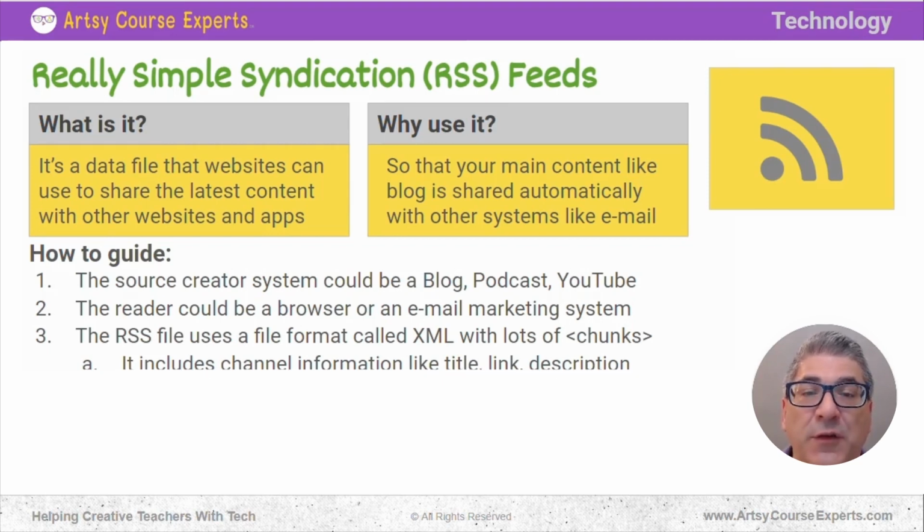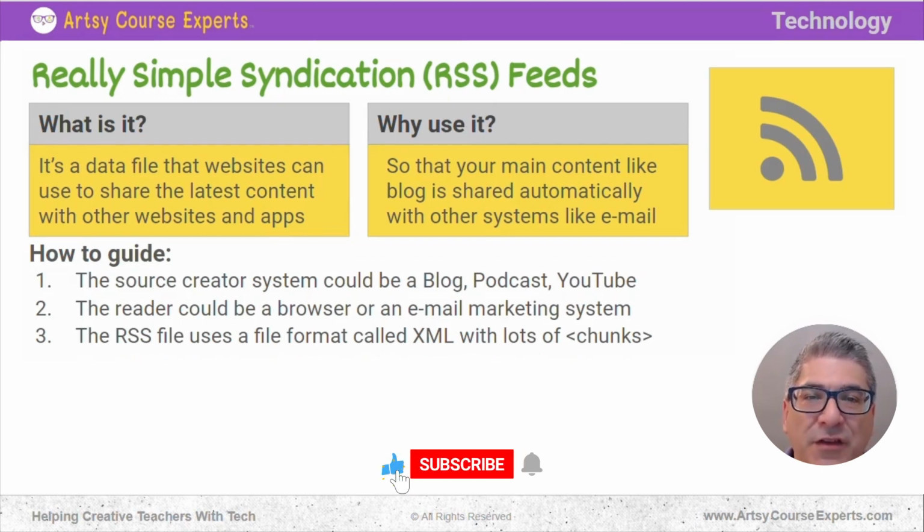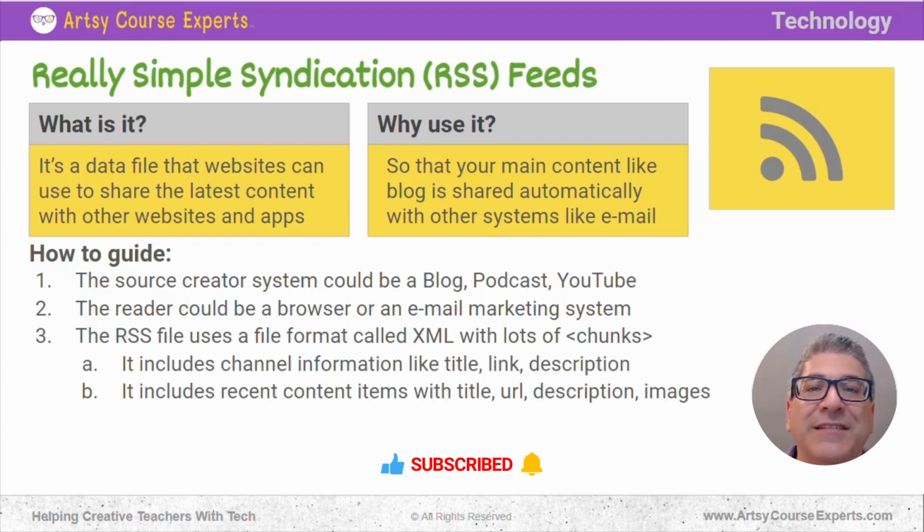What is the source? For example, maybe it's your blog, the name of your blog, the URL of your blog, and a description about your blog. So some high-level information about the feed, the source, the channel. Next, it has one or more content items.